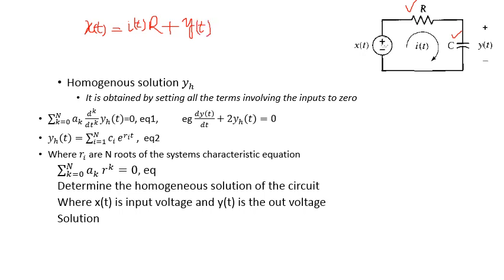So the current flowing in the circuit is i of t, and I can say that y of t, which is the voltage drop across the capacitor, equals 1 over C times the integration from minus infinity up to t of i of tau d tau.